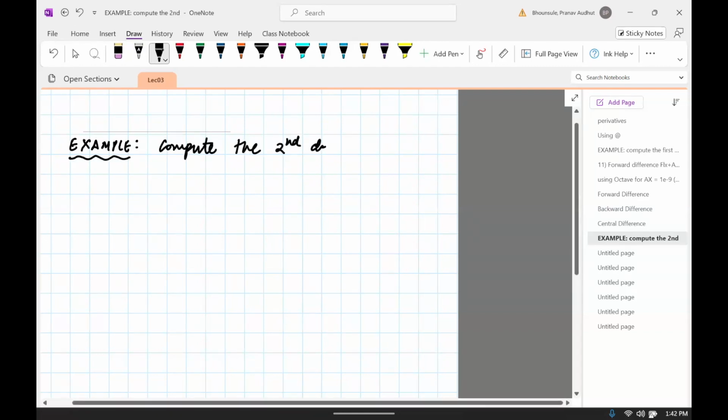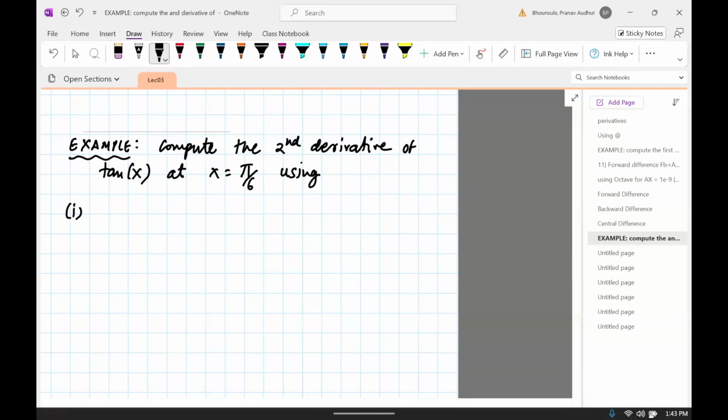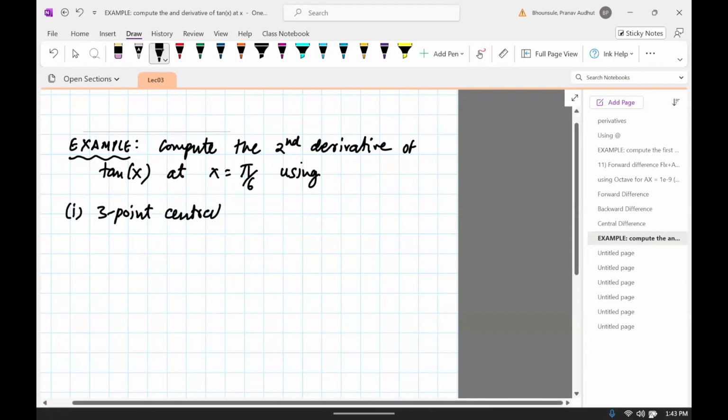Second derivative of tan of x at x equals pi divided by 6 using 3-point central difference.